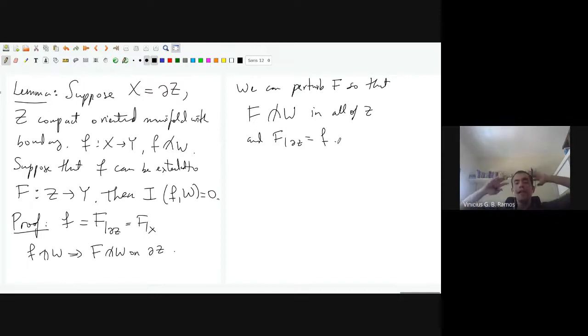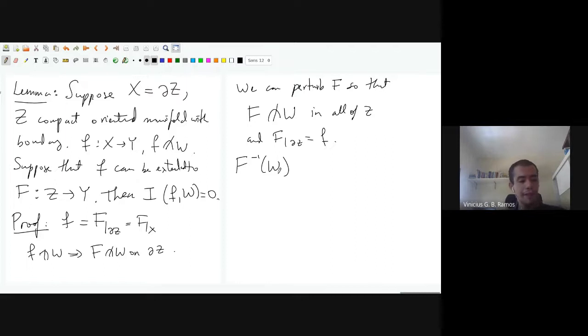If it's transverse on a closed set, I can perturb it away from the set so that it's transverse everywhere, and it doesn't change on the set. So now I can just choose my function to be transverse to W, and look at the preimage of W.